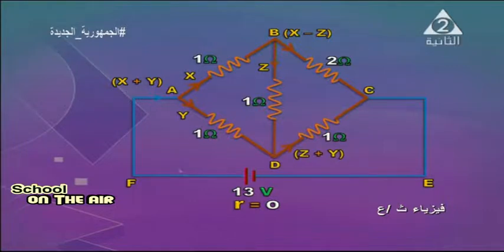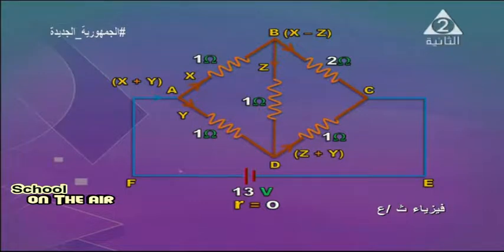So the current that reaches point B is X. What happens at B? It will divide. Assume a portion of this current X divides into Z that flows into the 1 ohm resistor at the middle.